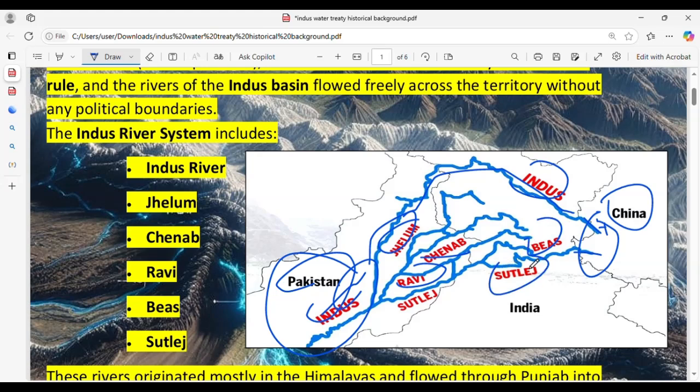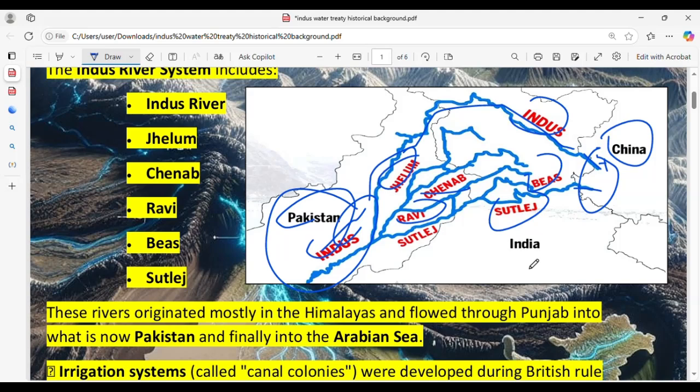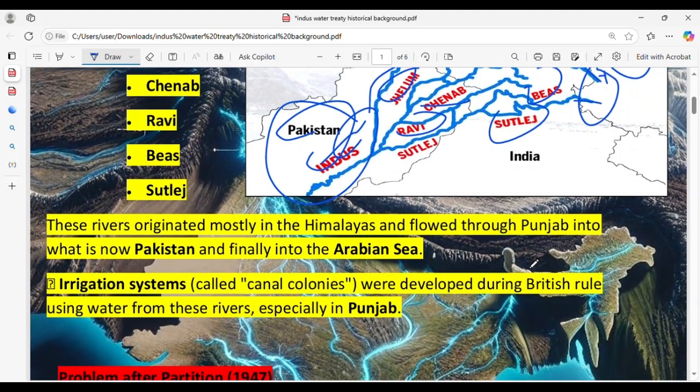Now we will be talking about the historical background of this treaty. These rivers mostly originate from the Himalayas and flow through Punjab into Pakistan. As I have already told you, these rivers flow from the Himalayan range to Pakistan.